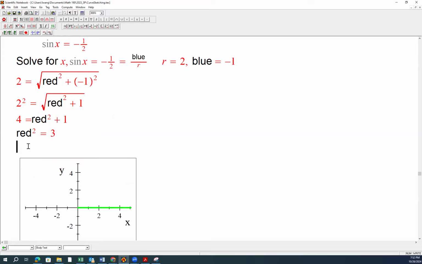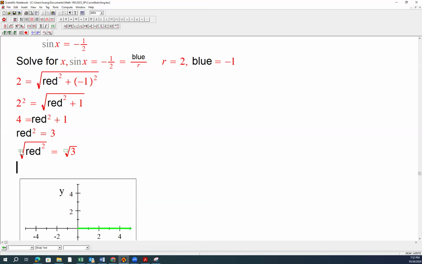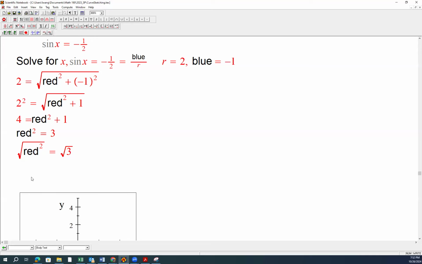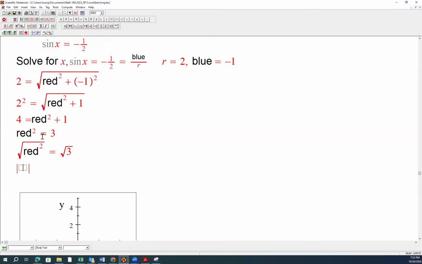What does red equal? We're going to solve for red. Red squared equals 3. I'm going to take the square root of both sides. The square root of red squared is the absolute value of red.